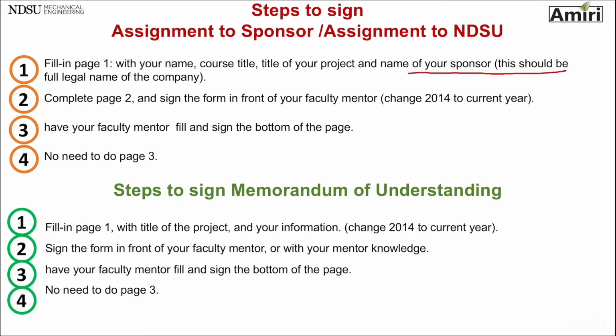This should be the full legal name of the company, so you better ask your sponsor what is the legal and full name of the company that you want to put on your form. We usually ask you to sign the form in front of your faculty.